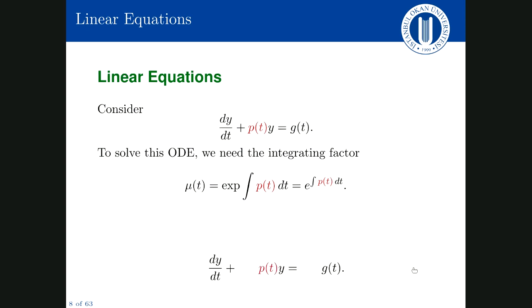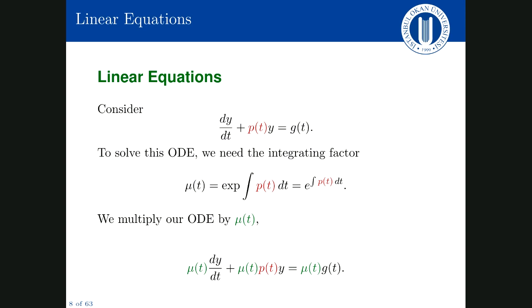Now what we do is we take our differential equation and we multiply it by the integrating factor. We're going to multiply our equation by mu(t) to get mu(t) dy/dt plus mu(t) p(t) y is equal to mu(t) g(t).